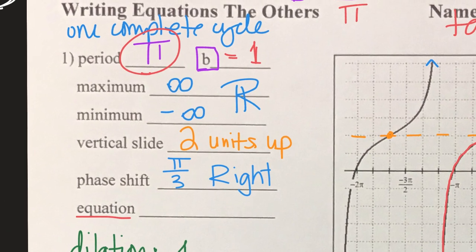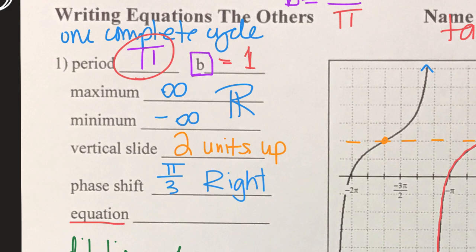So now we're going to put it all together. We do dilation: your amplitude is 1. And then our trig word is tan. We have a b value of 1, so that's 1x. The x goes in parentheses because we have a phase shift. The phase shift is pi over 3.